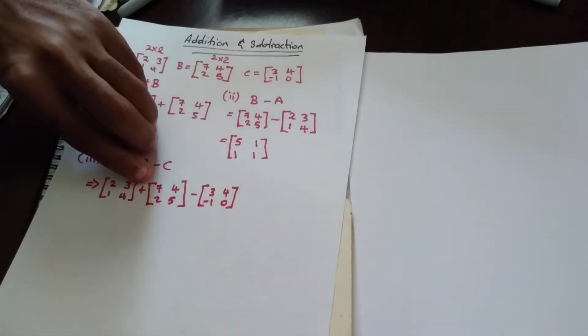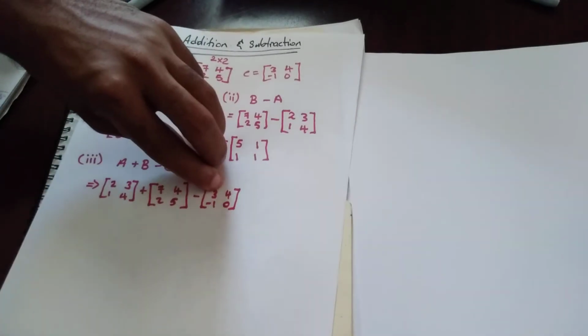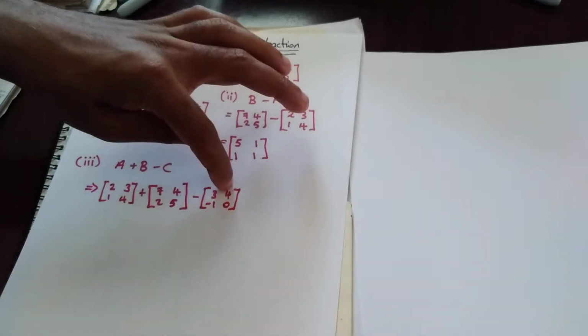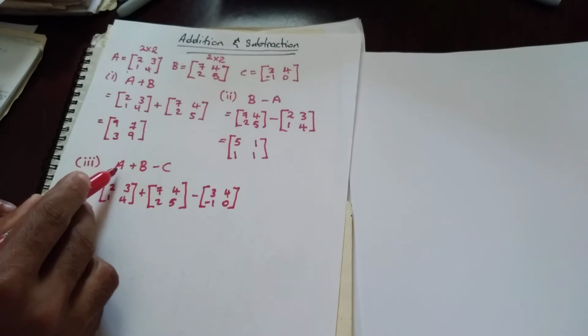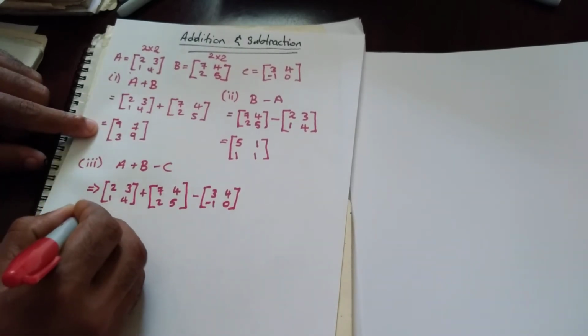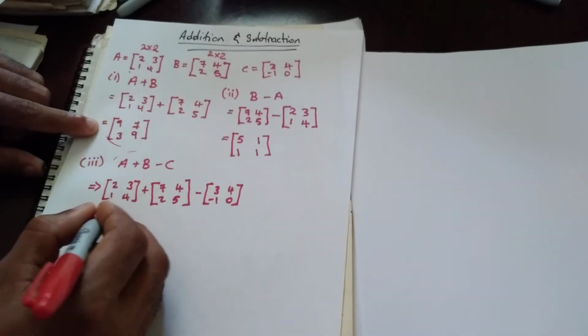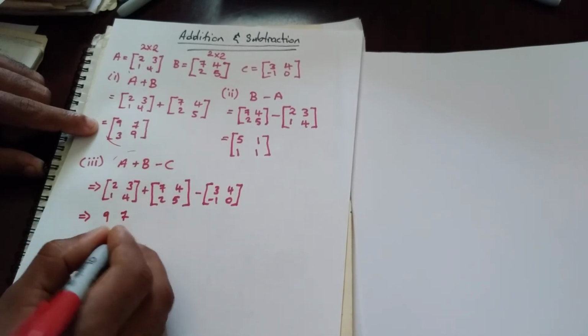So it's 2 plus 7 minus 3. We could do it like that, or you could do A plus B first, and afterwards subtract C. Remember that we had already solved for A plus B, so anywhere I say A plus B, all of this is equivalent to this. So A plus B is 9, 7, 3, and 9.